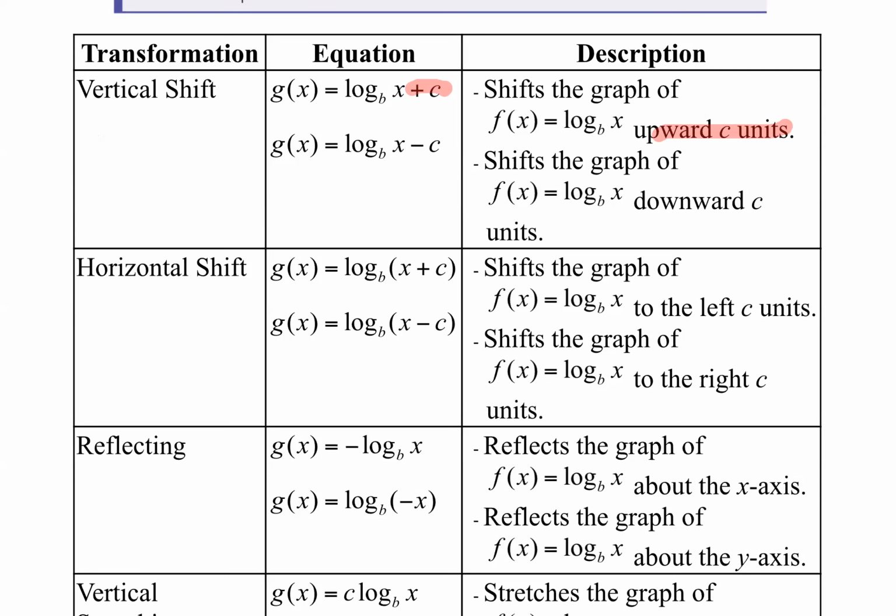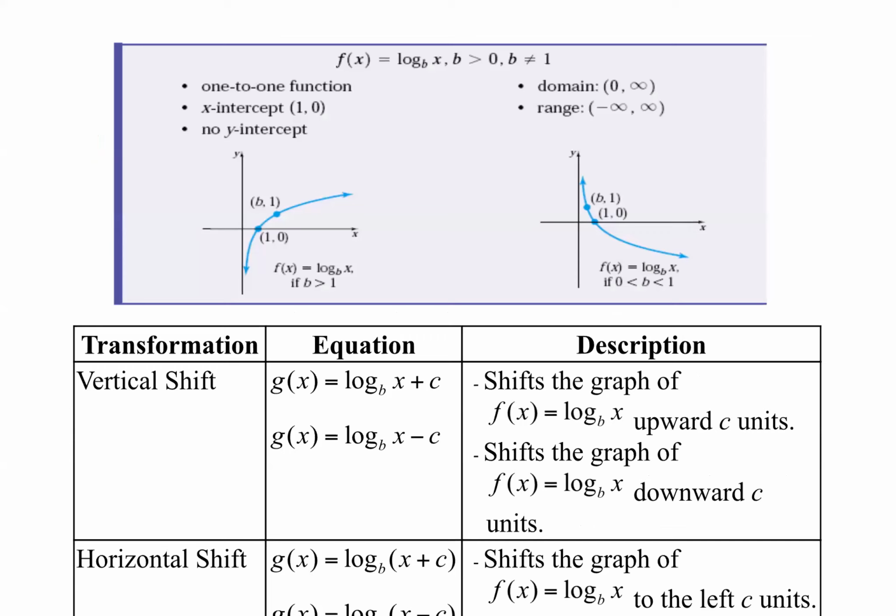So the key points we had up here are going to be shifted up 2 units. Same as if we had a minus, that would shift it down, and everything would still look the same. It still wouldn't have a y-intercept. It would still not hit the y-axis, despite my previous drawing.